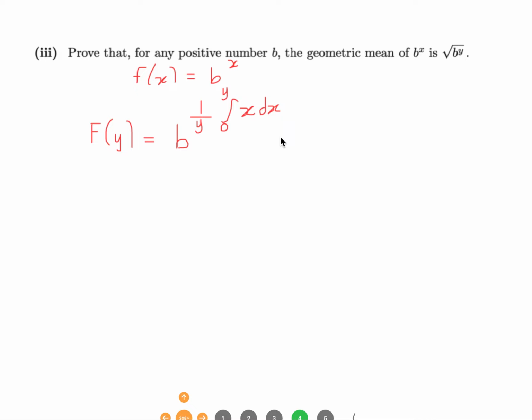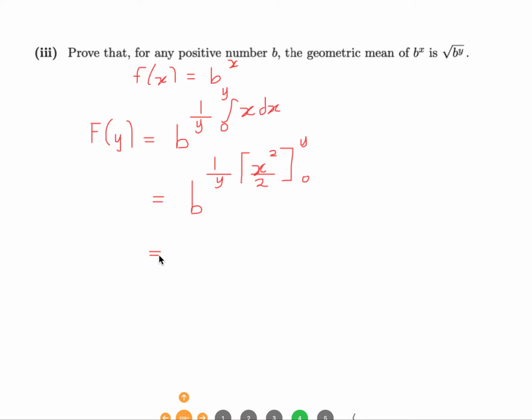Integrating this part, this is going to be b to the power of 1 over y, and then we've got x squared over 2 when we integrate it, between y and 0.